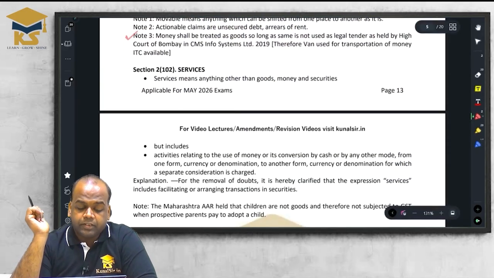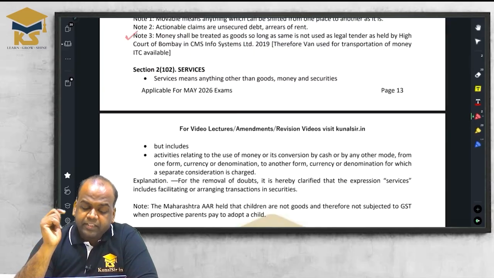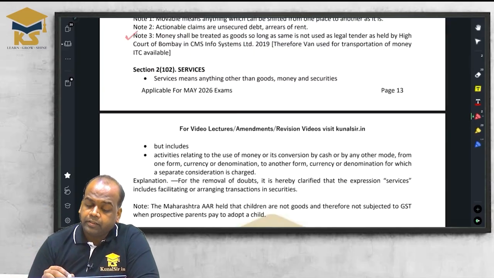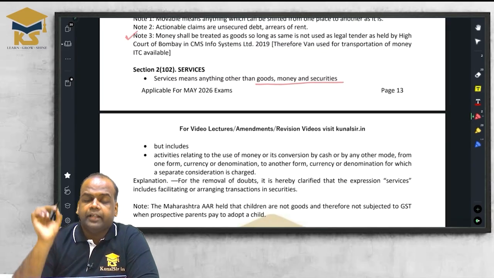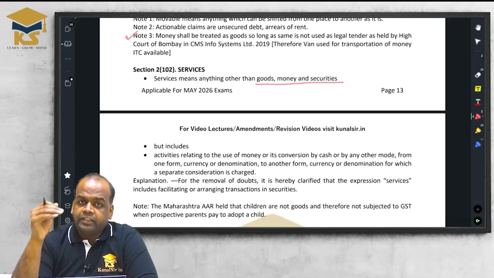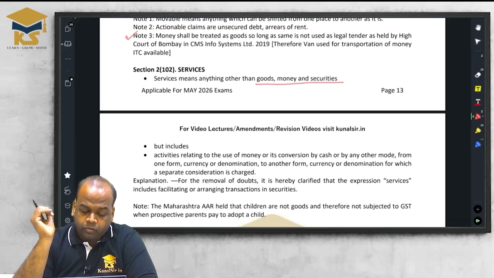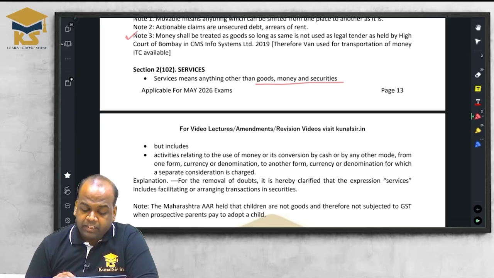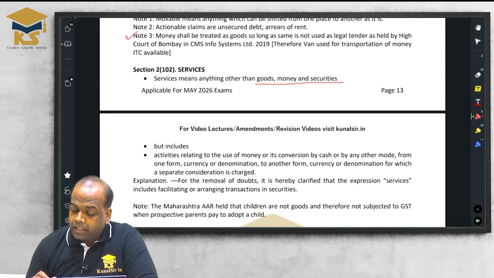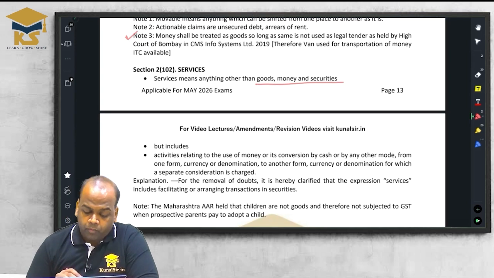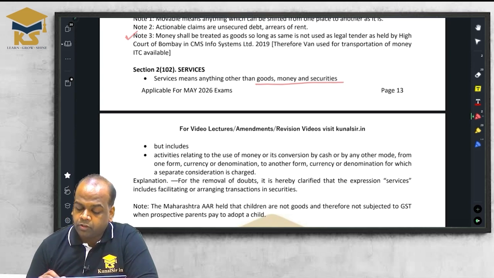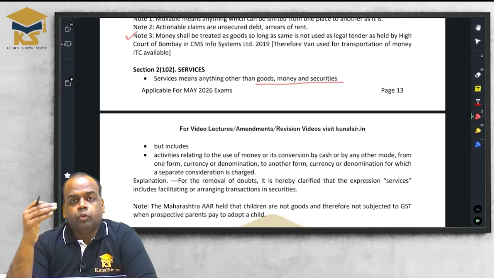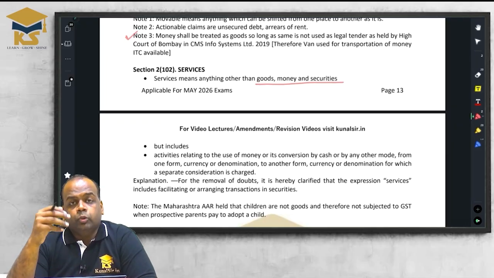Next part, services. Now, what is services? Services means anything other than goods, money and securities. So money and securities are excluded here also, but it includes activities relating to use of money or its conversion by cash or by any other mode from one form, currency or denomination to another form. Like you have to go to the USA. For that, you need dollars.